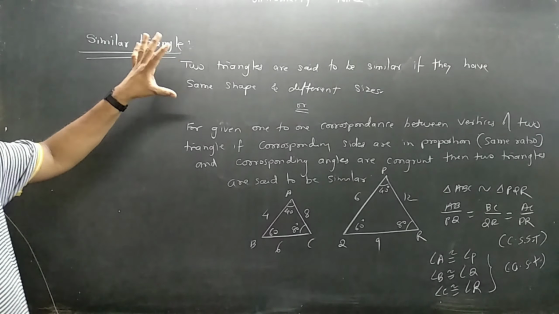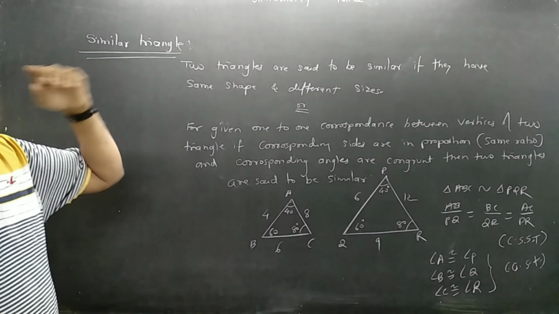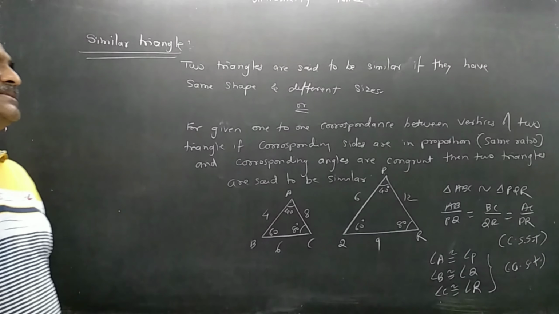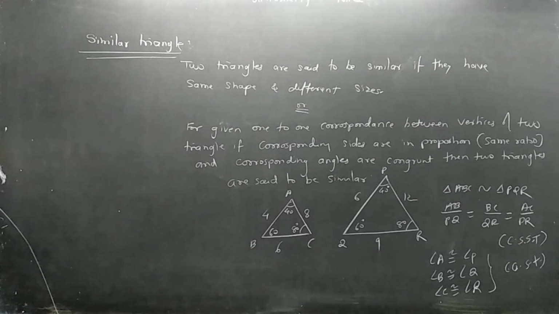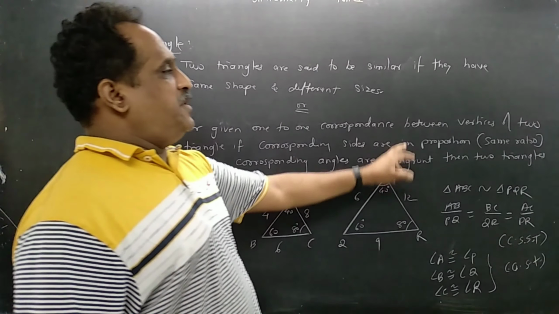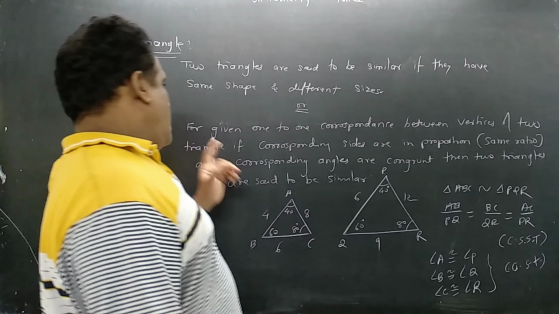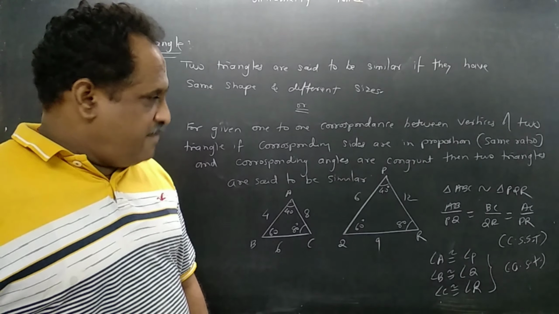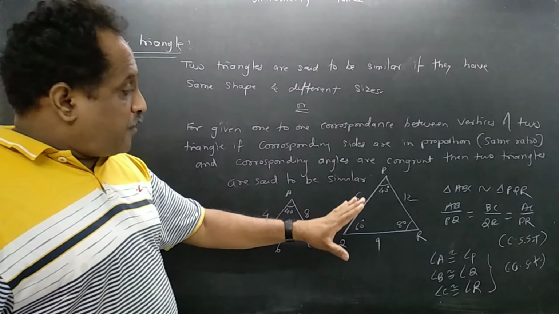So this is a common definition for all figures. But by the definition, for a given one-to-one correspondence between vertices of two triangles, if corresponding sides are in proportion, proportion means same ratio, and what does corresponding proportion mean?